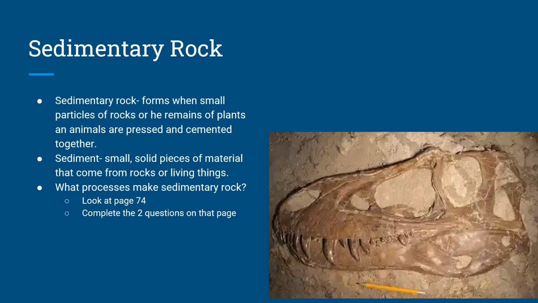Compaction happens next, and those pieces that were deposited then get compacted into all the other layers. And cementation is when they are dissolved and compacted together with everything else in the layer that they're in. So which 2 processes turn layers of loose sediment into hard sedimentary rock? And that's of course going to be compaction and cementation.